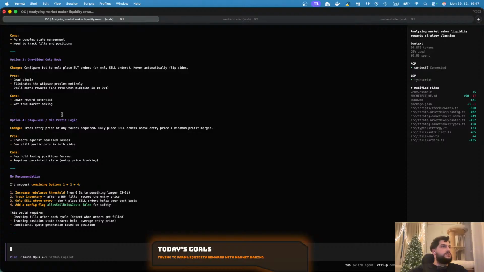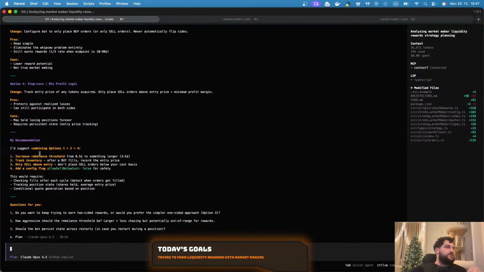Four, stop loss, meaning profit protection. Track the entry price of any acquired tokens. Only place sell orders at entry price plus a minimum profit margin.